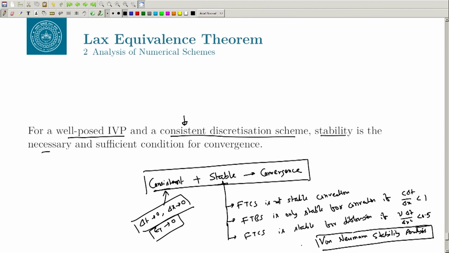The other thing about the von Neumann stability analysis is that it assumes that your problem is periodic. For example, let us take a simple example, f(x) equal to x square between 0 and 5, then f(x plus 5) is equal to f(x).